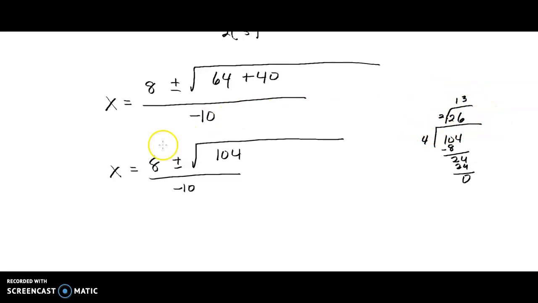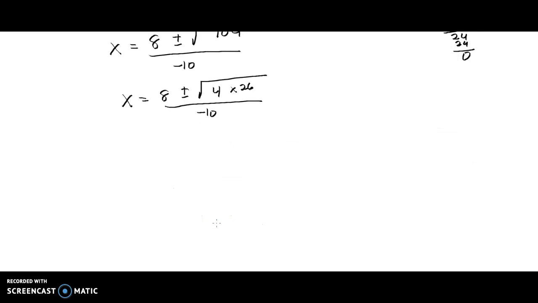So I know when I factor this, I'm going to have x is equal to 8 plus or minus the square root of 4 times 26 all over a negative 10. I can pull out that 4, so I have x is equal to 8 plus or minus 2 times the square root of 26 over negative 10.